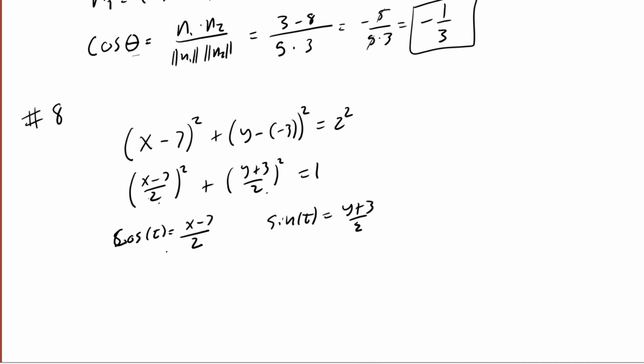So finally, I solve for x, so I have x of t is 7 plus 2 cosine of t, and I solve for y, and I have y equals minus 3 plus 2 sine of t.